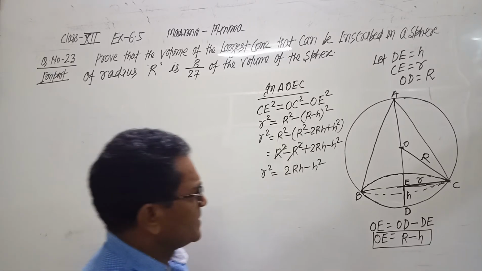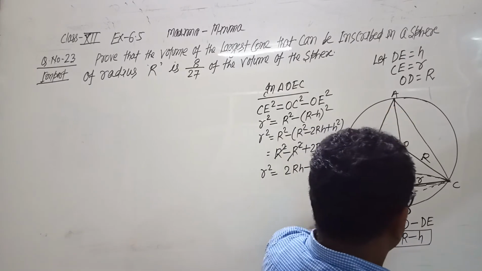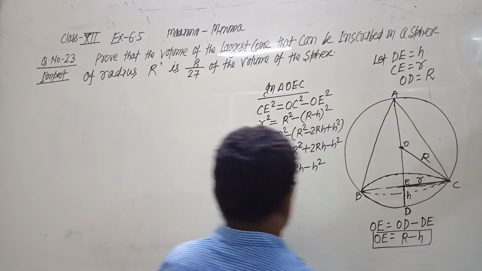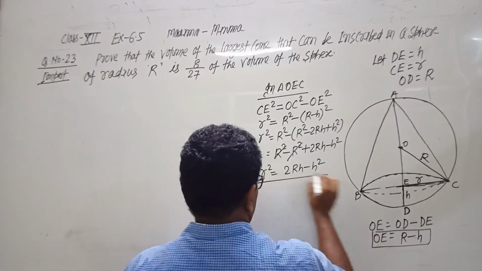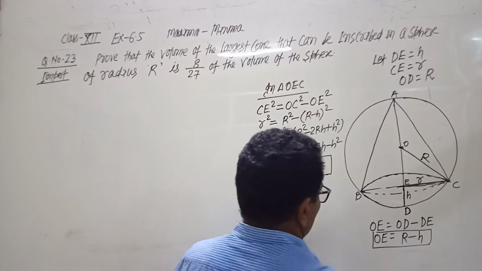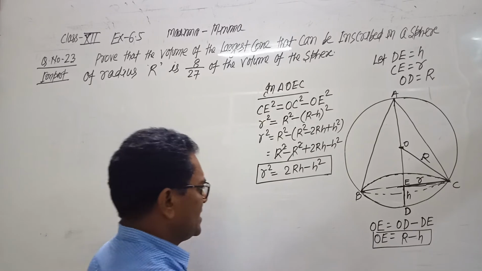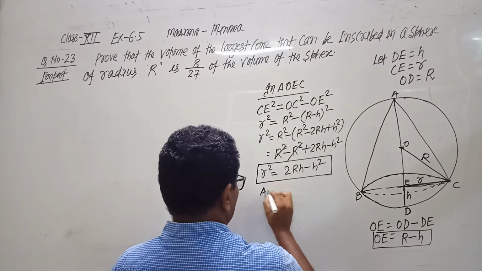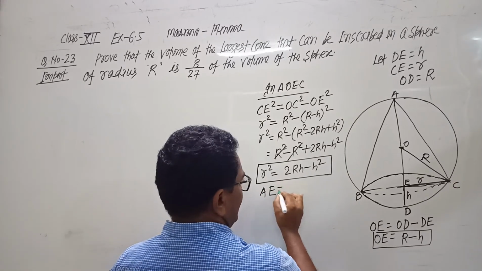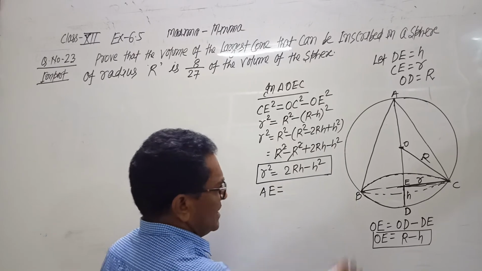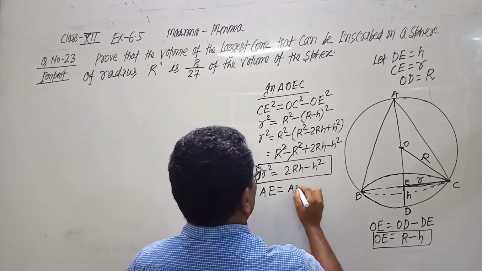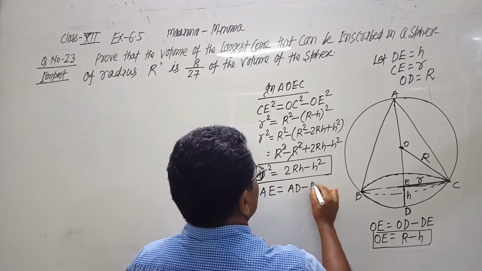Now the value of AE. What is the value of AE? We have calculated r². Now AE can be written as AD minus ED.